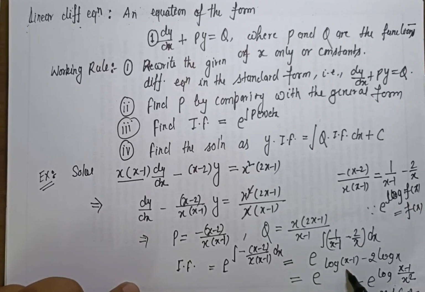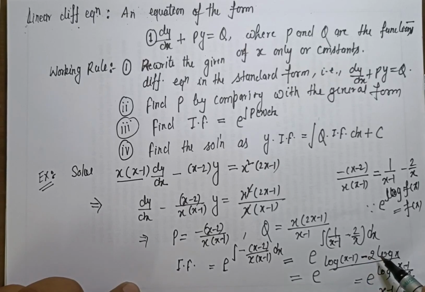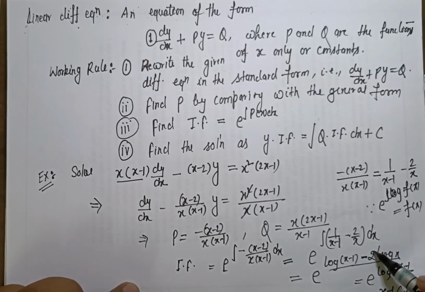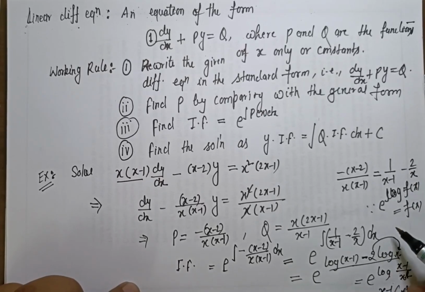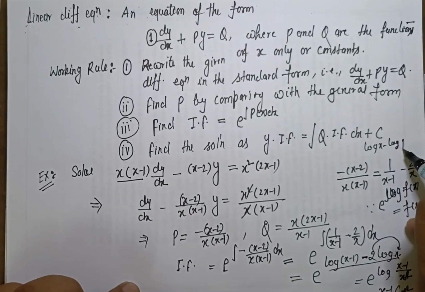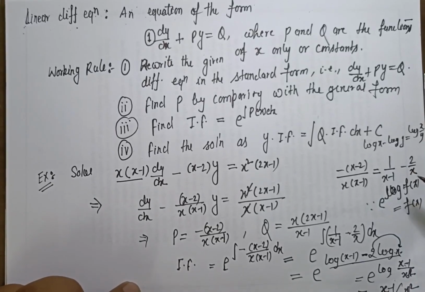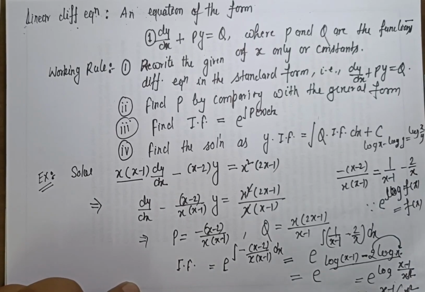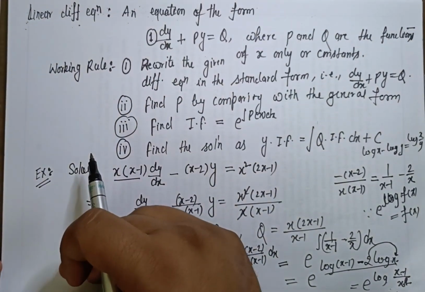The term log(x minus 1) minus 2 log x can be written as log of (x minus 1) upon x square, because the 2 comes inside as log x square, and due to the negative sign it goes in the denominator. By the property of log, log x minus log y equals log x upon y. So we have found the integrating factor as (x minus 1) divided by x square.